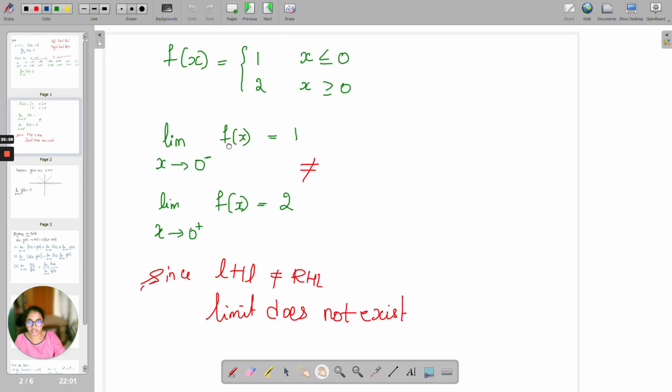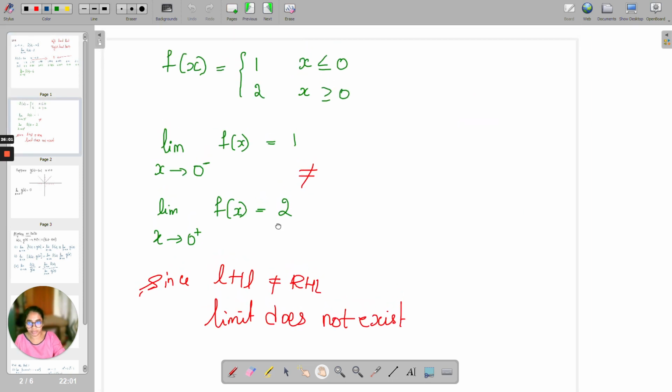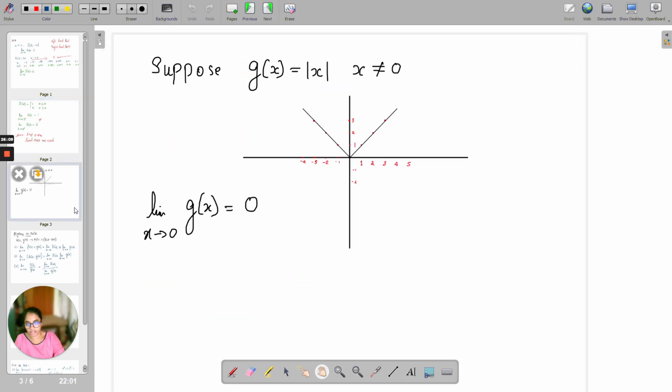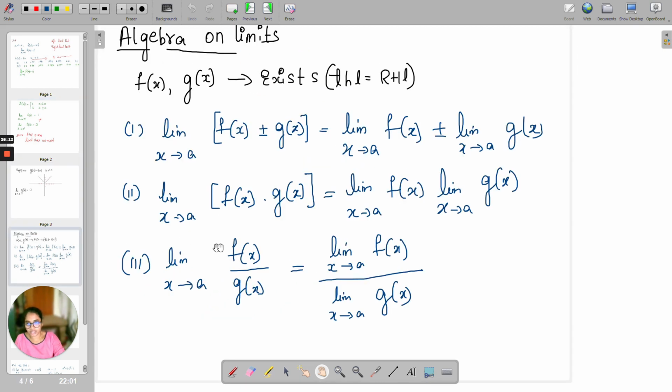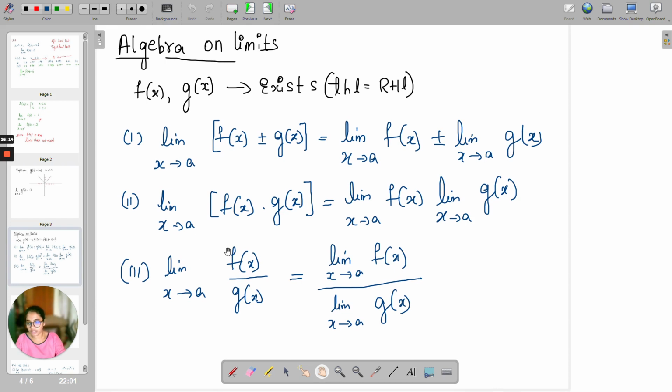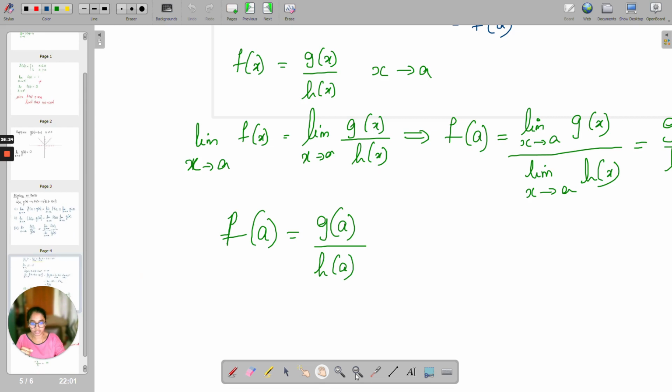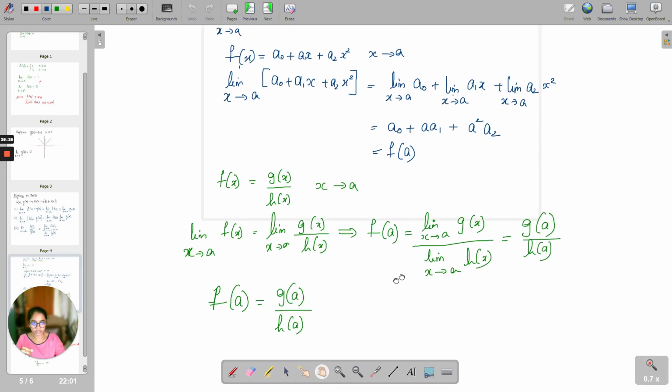For example, we took a problem in which the left hand and right hand limits were not the same, so we said that the limit does not exist. And then algebra on limits, which said that we can add, subtract, multiply and divide limits. And then we solved some problems.